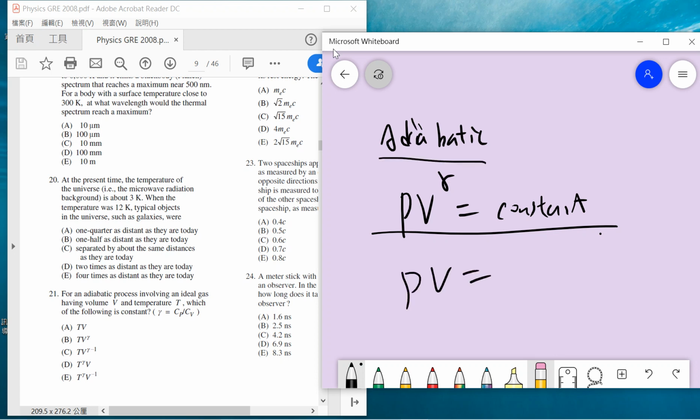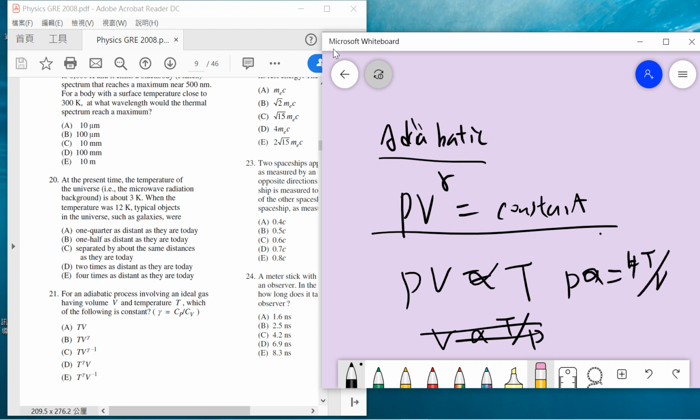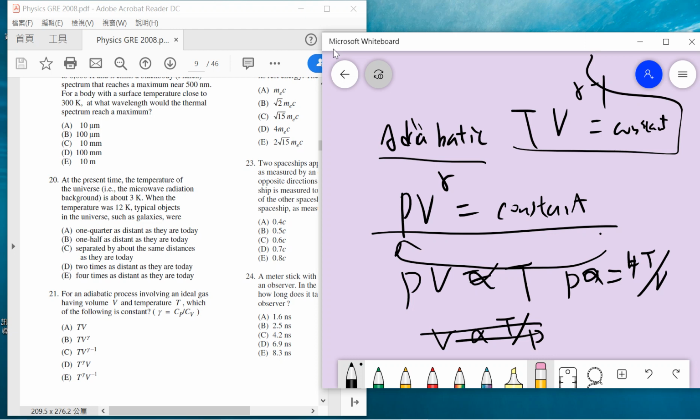And then PV is proportional to T. So you can plug in P equals something times T over V, and this tells you that T V to the gamma minus 1 is constant. Since you know this, the answer is C.